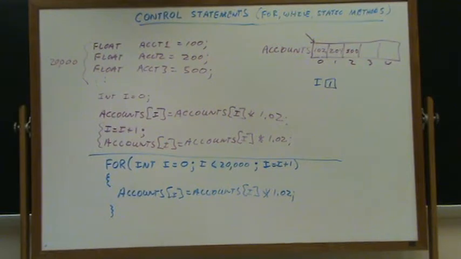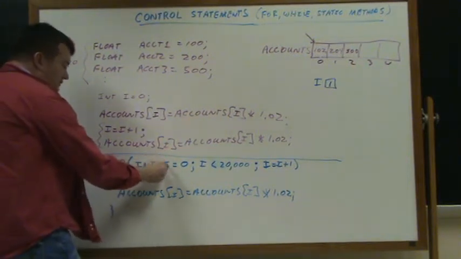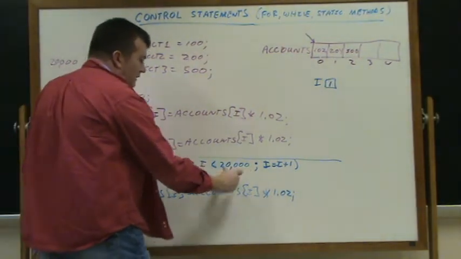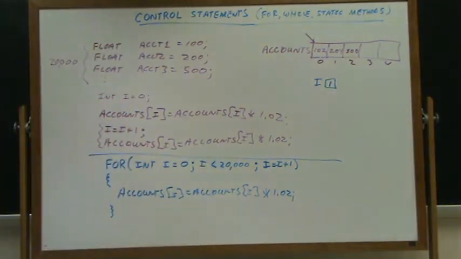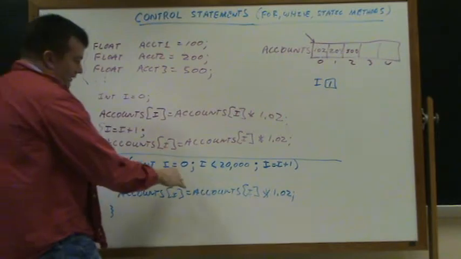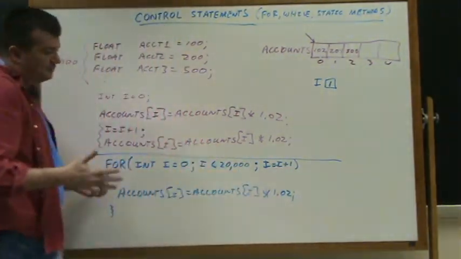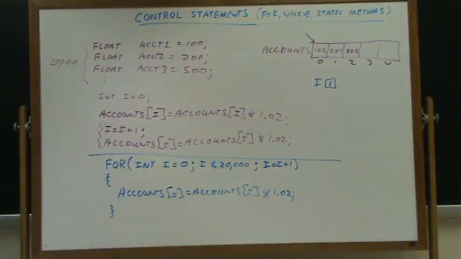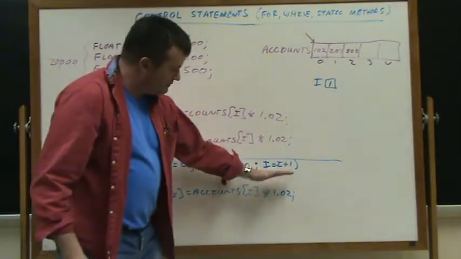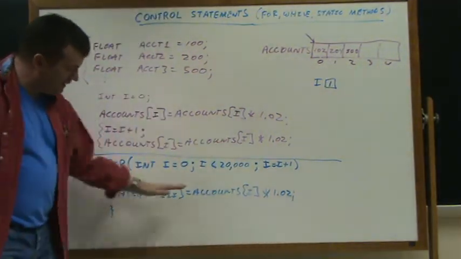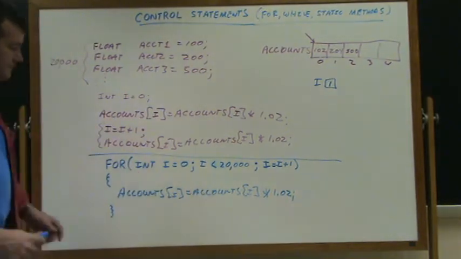So this ends up being what's called a for statement. A for statement is basically: you know when it's going to start, and you know exactly when it's going to stop, and each time something has to change, otherwise you're doing the same thing over and over. So here's where you start, here's where you stop, here's what changes, and then each time, this is what gets done.